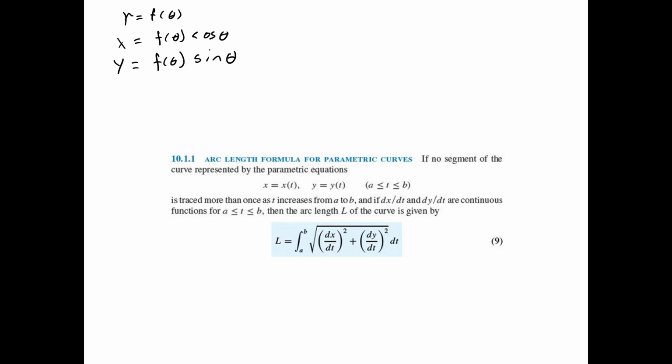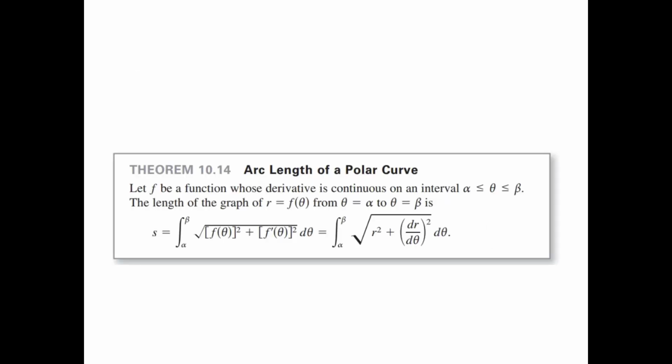If we apply this result to this parameterization, it'll get a little hairy because you have products for dx/dt and dy/dt. You have to square those binomials, combine them, and use some trigonometry. But if you did all that, which I'm not going to, you would get to this formula.